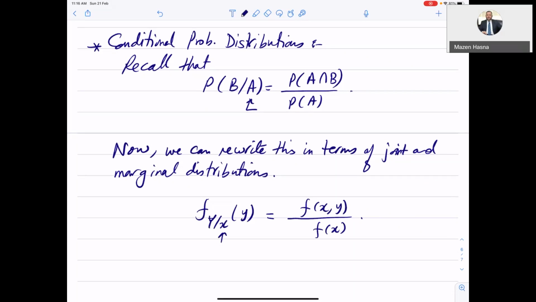So just rewriting the conditional probabilities in terms of the joint and the marginal.